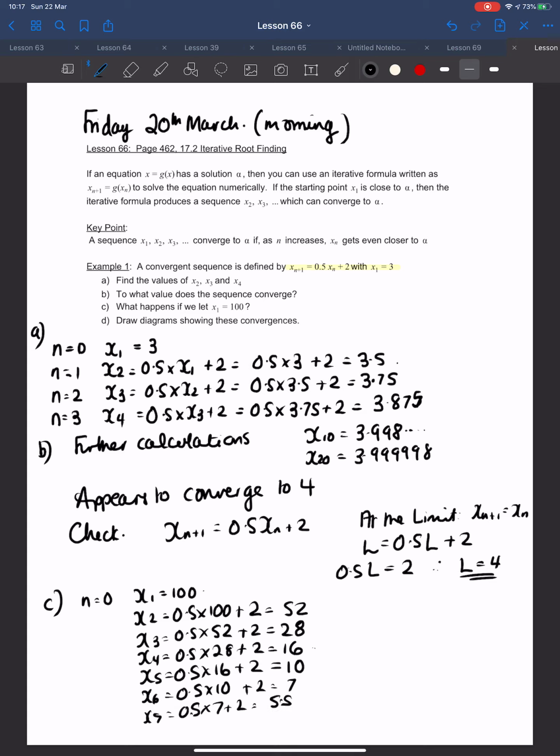It appears to be creeping in to 4 from above, which is what I thought it would. Half of 5.5 plus 2, so it's 2.75, 4.75. Yeah, it's going to go to 4 from above. So draw diagrams showing these convergences.